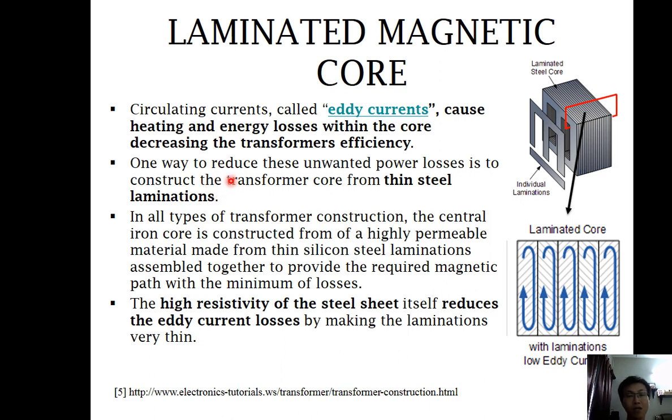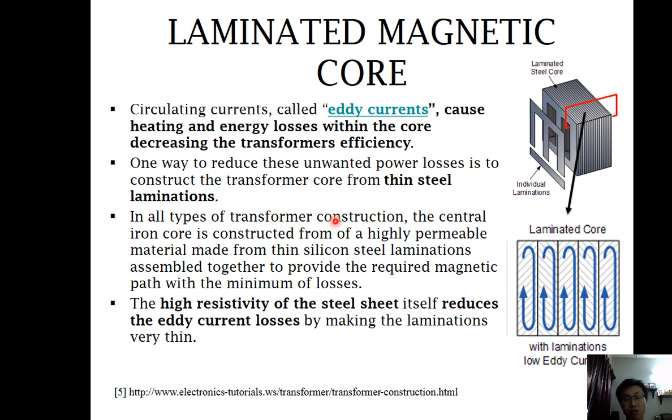One way to reduce these unwanted power losses is to construct the transformer core from thin steel laminations. If it is a round core, the current will flow through like this, and the losses will be higher. If I have the same area but cut it into pieces, the current flows through a small area, and the losses will be lower compared with current flowing through a bigger area. So this is one way to reduce unwanted power losses.